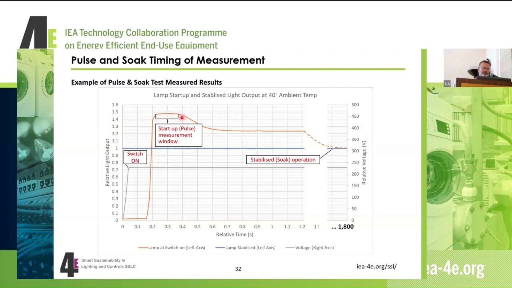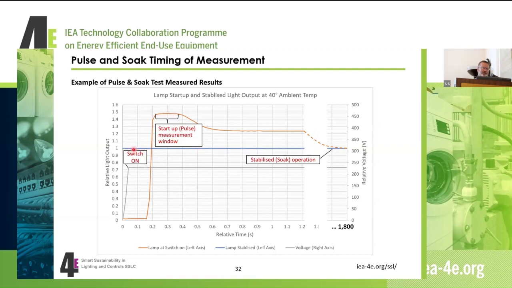You can see that it starts to drop down very quickly. Within 200 milliseconds, we're starting to get a drop in the light output. Obviously the chip is heating up, and at that point the heat is having an impact on its light output and it reduces. Then over the next 15 to 30 minutes, it drops down to this point here, which is what's known as our pulse measurement value, the luminous flux output.